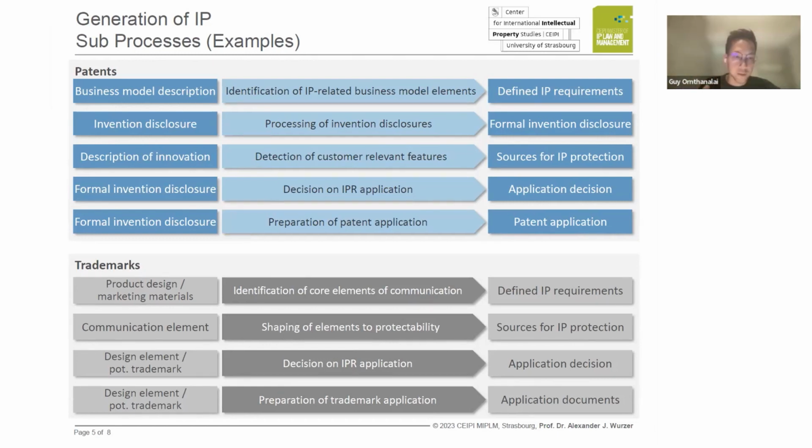Once we can identify those design elements, then we can decide whether to file a trademark application or not. And if we decide to file, then we do the preparation of the application and the submission of the documents and so on. So these are the sub-processes based on input, process, and output. I guess that's my part, and maybe go to the next.